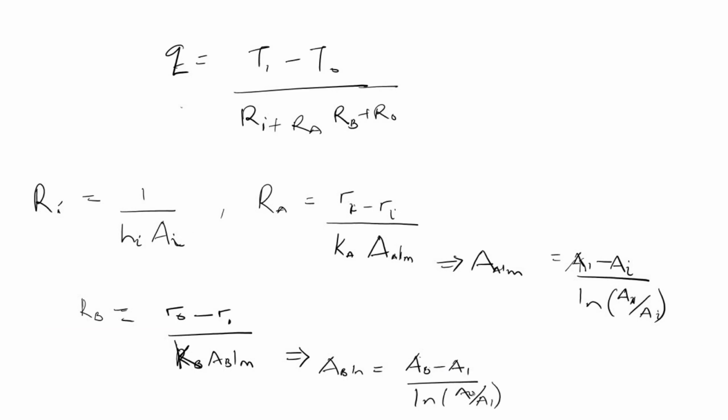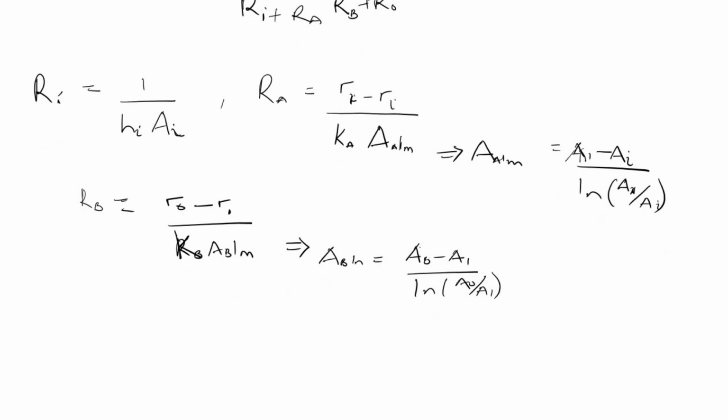All these A1, Ai, and A naught, I'll calculate them from the data I'm given. And then finally, this R naught, the outer resistance, I'm going to calculate using 1 over the convective coefficient times A naught. These are all the formulas I'm going to use.